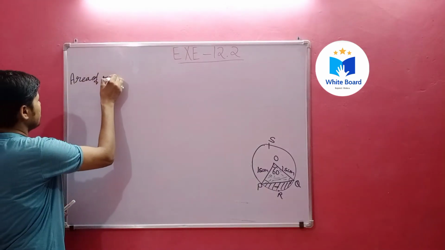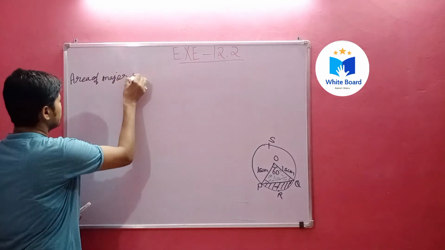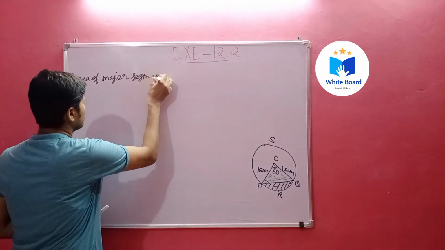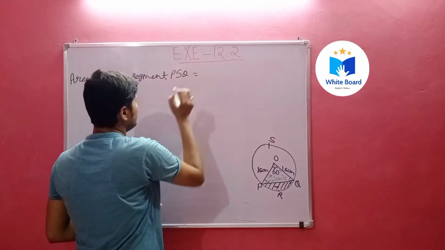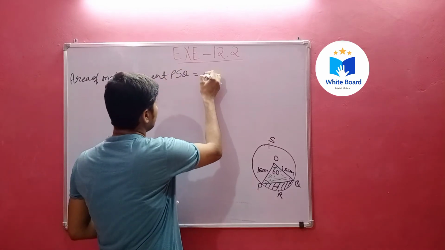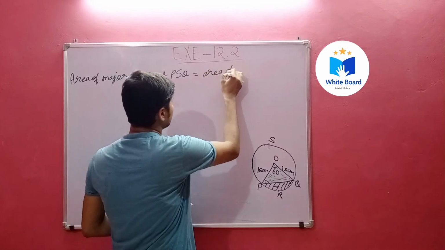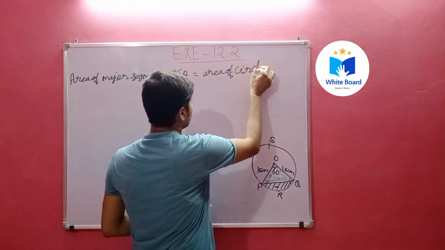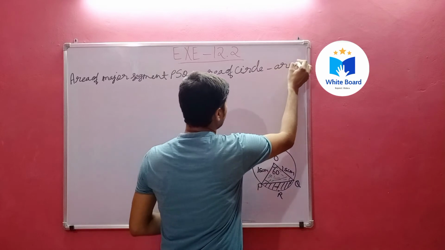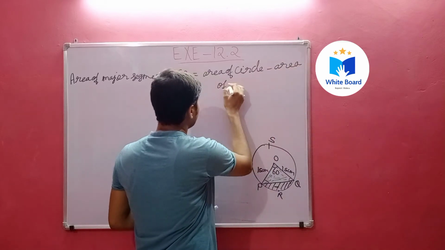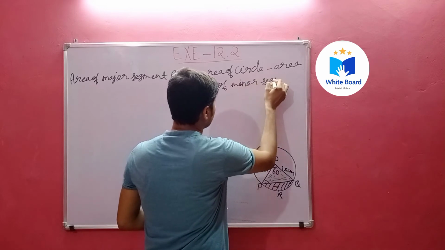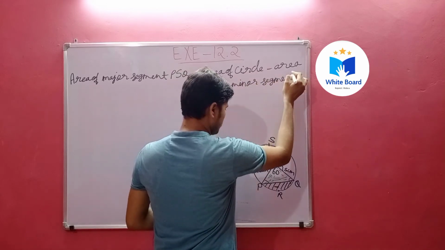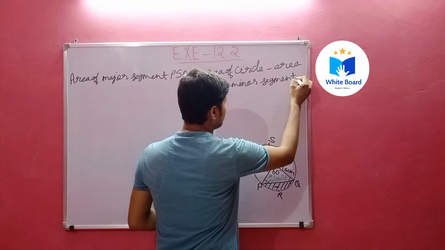Area of major segment PSQ is equal to the area of the complete circle minus the area of minor segment, that is PRQ.